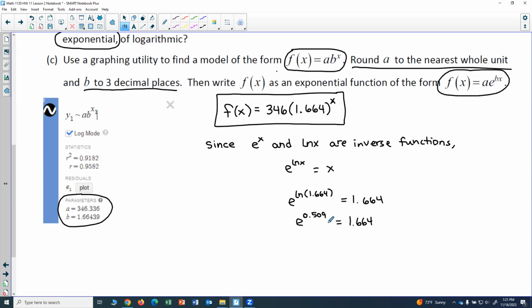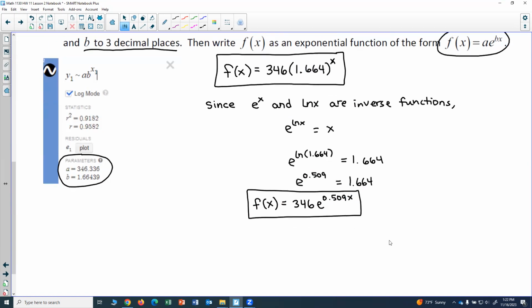So what I'll do is replace the 1.664 with e to the 0.509. And so I'll get f of x equals 346 e to the 0.509x. The x still has to be there, and the 346 still has to be there, but I replaced the 1.664 with e to the 0.509.